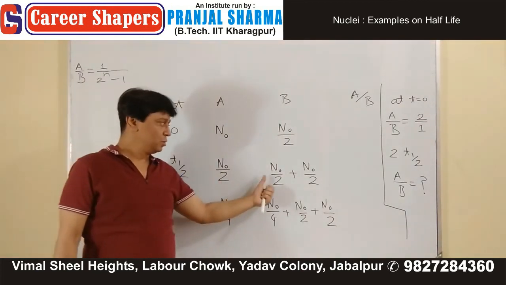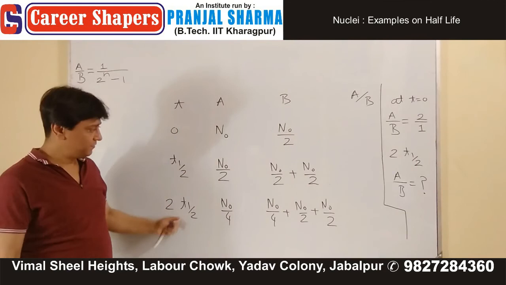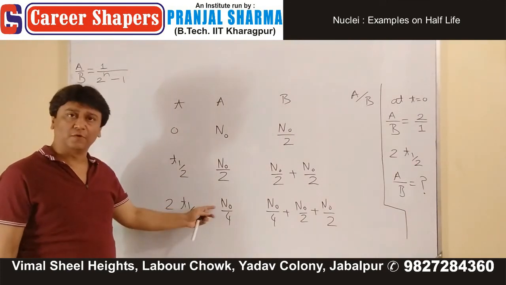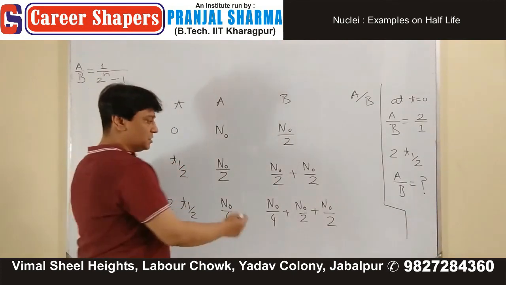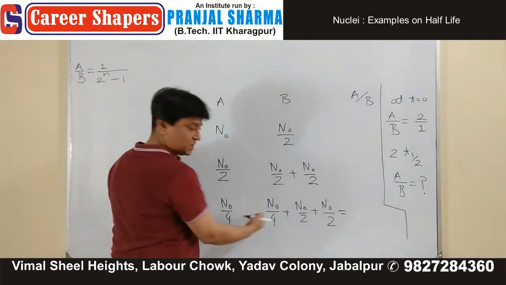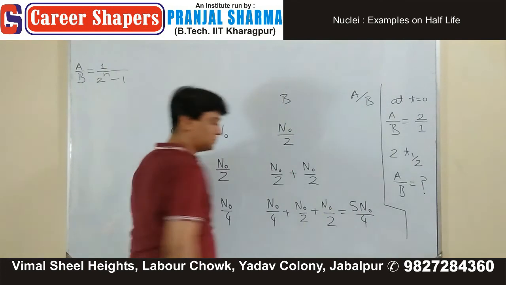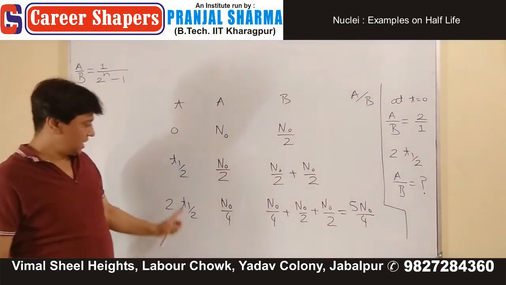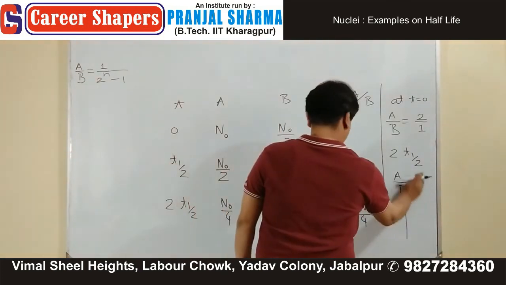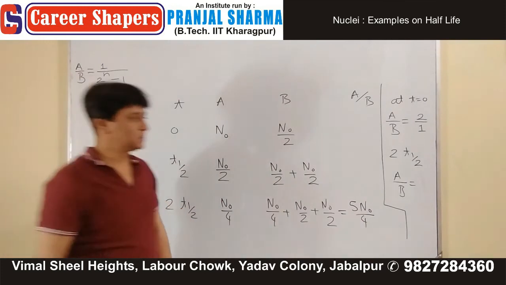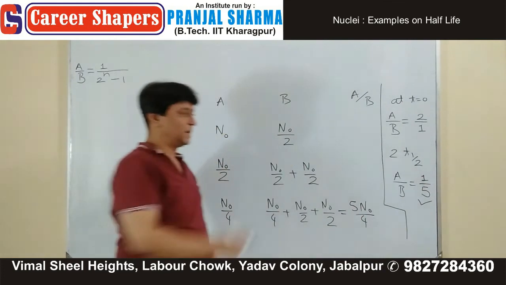The rest, N naught by 2, become daughter nuclei B. After another half-life, this N naught by 2 becomes N naught by 4. The rest, N naught by 4, become this. So this is coming N naught plus N naught by 4, or 5 N naught by 4. How much A is present? N naught by 4. So what is the ratio? The 4 and 4 cancel, 1:5. That's the answer.